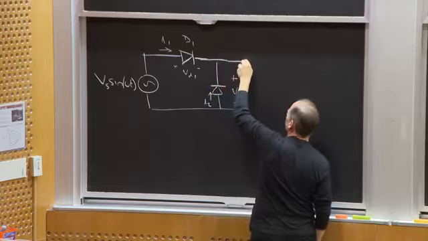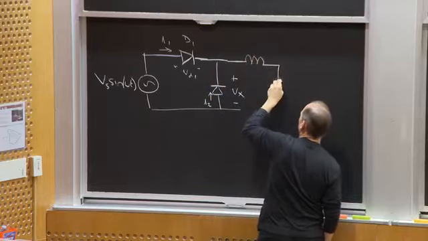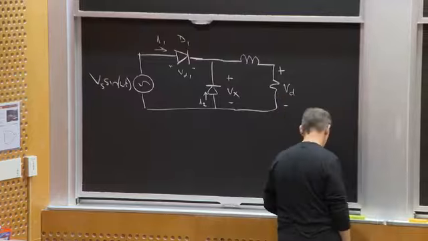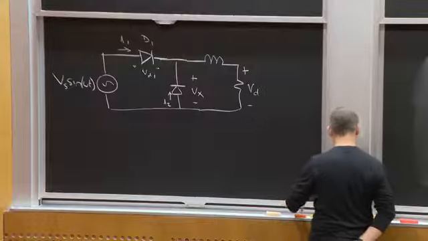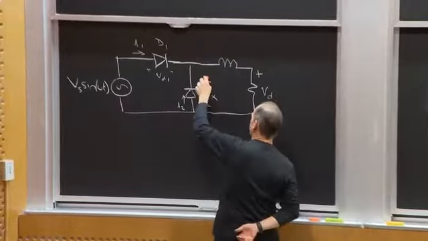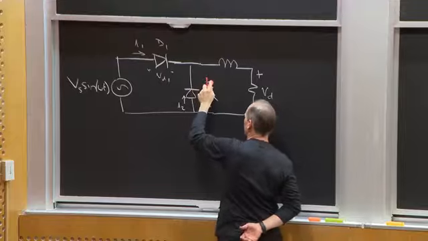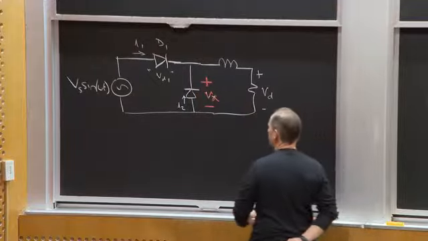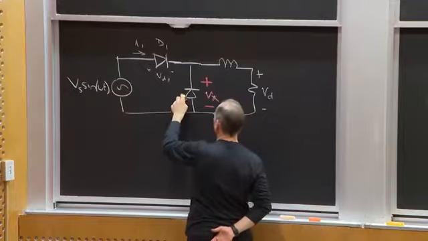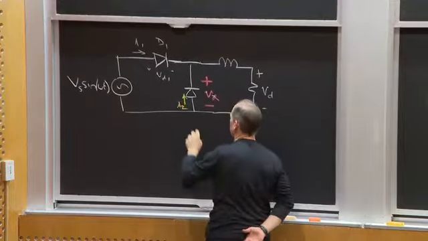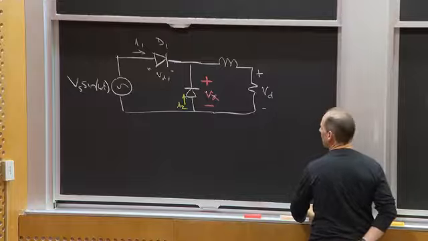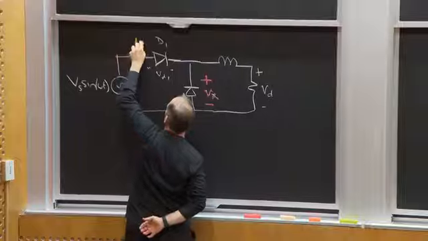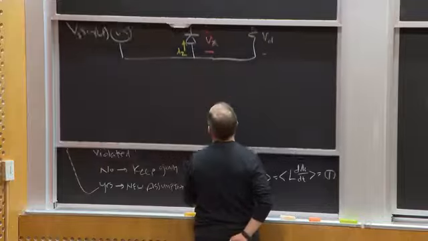And then we have an output filter and an actual output that we'll call V sub D. We'll study what Vx was doing. And maybe we're interested in I2, the current through this diode, and perhaps I1, the current through the other diode. What did those waveforms look like?